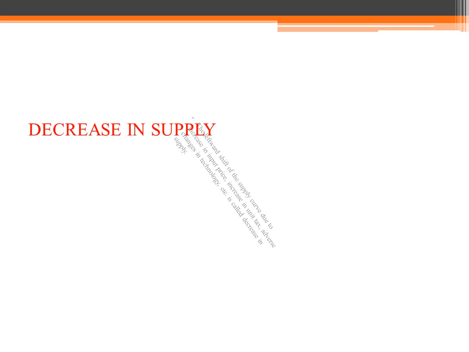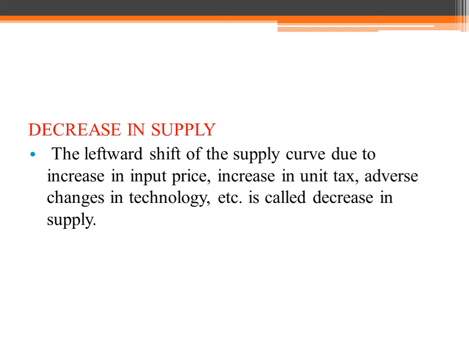Decrease in supply. The leftward shift of the supply curve due to an increase in input price, an increase in unit tax, adverse changes in technology, etc. is called a decrease in supply. Whenever the price of inputs increases or the unit tax has increased, it causes a leftward shift of the supply curve.